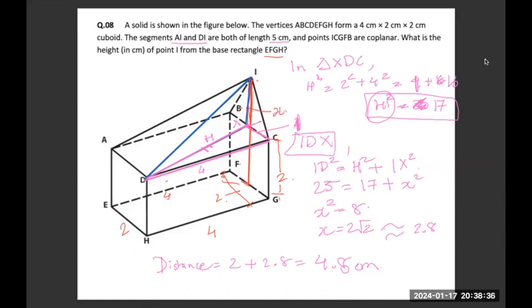Base, I didn't get it. Kavya, Anshi, and Heer, I'm not getting your question. How will the base be 1? This is 2, this distance, plus I need to find this x.